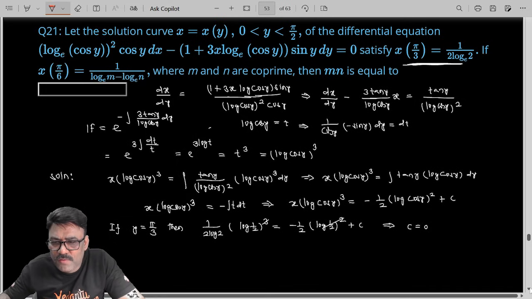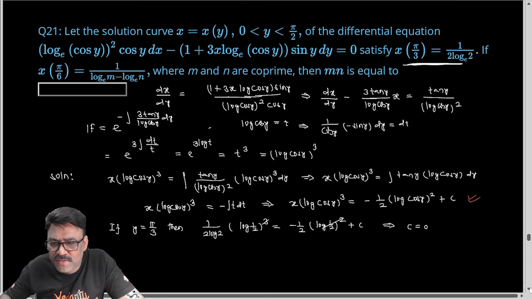If I put c = 0 here and simplify, what will I get? C is already 0, so I will get x = -1/2 log cos y.